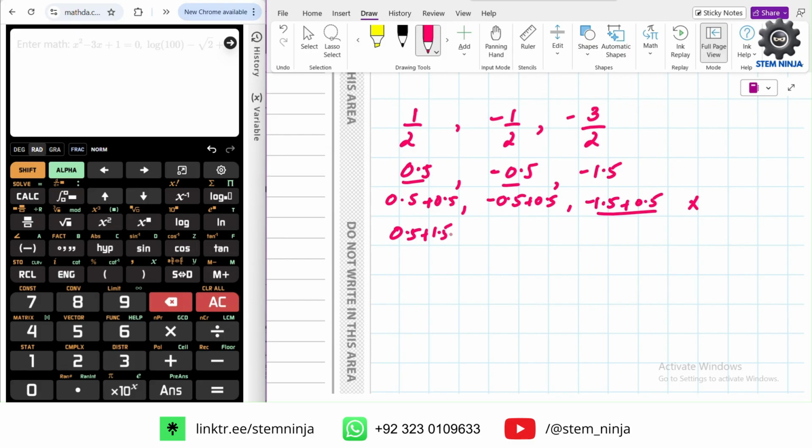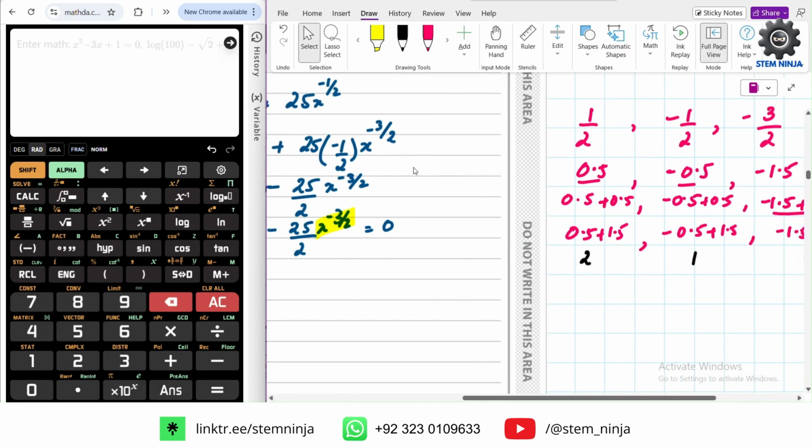So we need some form of 0.5 addition, 0.5, 1.5, 2.5, something to get it into an integer. So minus 0.5 plus 1.5 and minus 1.5 plus 1.5. So you will get 2, 1, 0. Now this is fine for us.